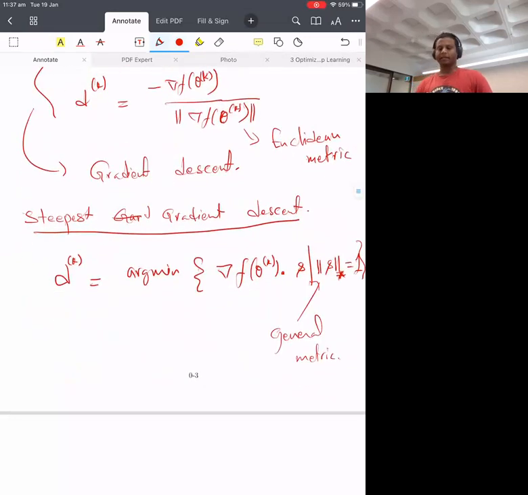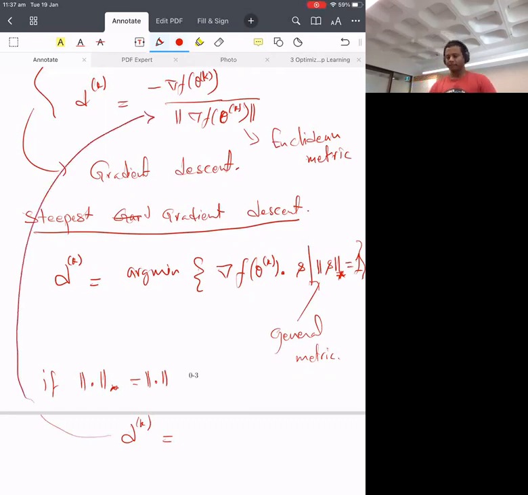As we have seen in the exercise in the chapter, if this general metric is the Euclidean metric, then you get to see that this is indeed the same as this. Okay, that's the idea. So steepest descent is defined with respect to a very general metric, and gradient descent is a special case of it. And I think it's important to mention that.